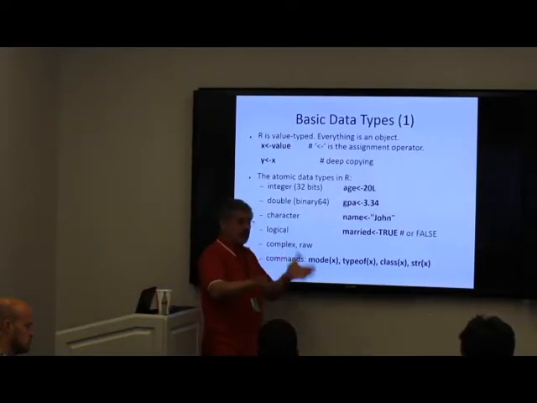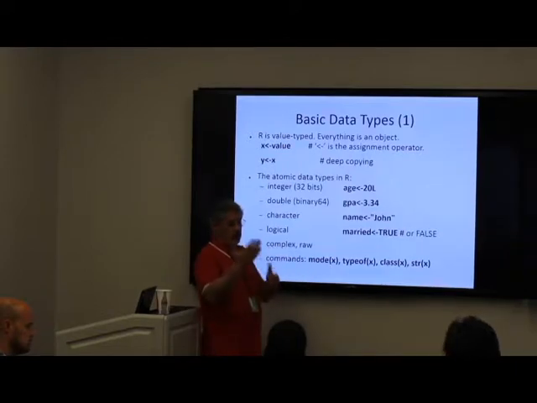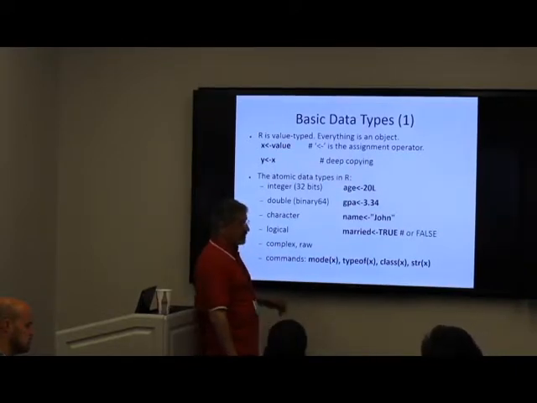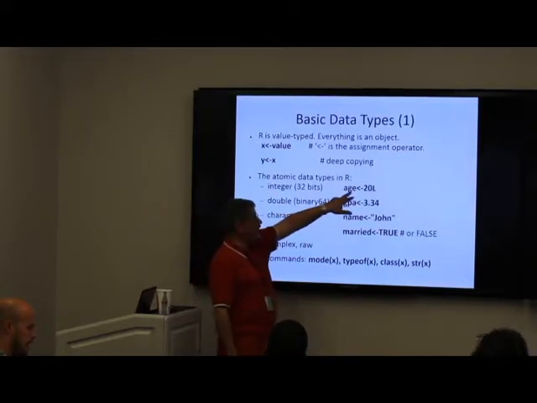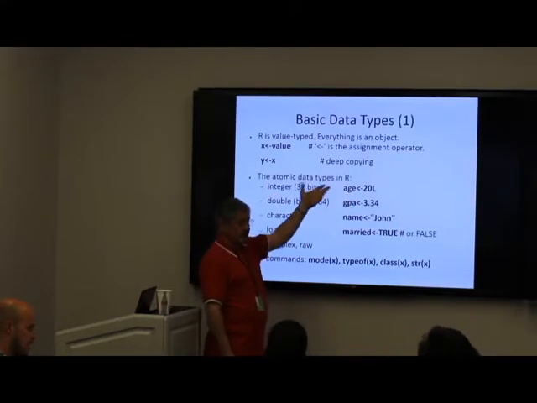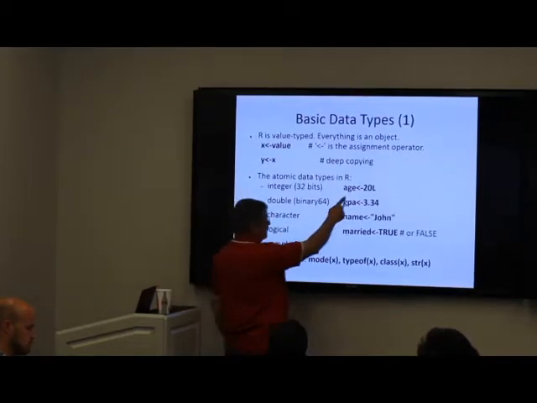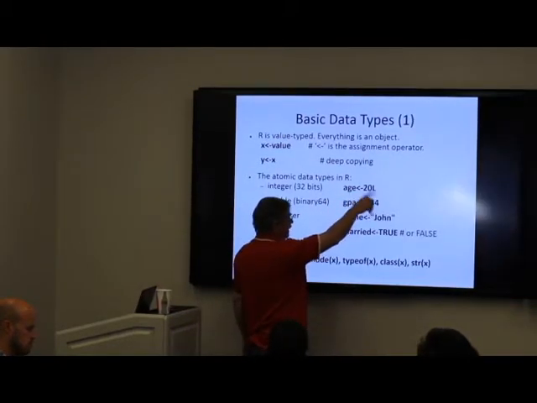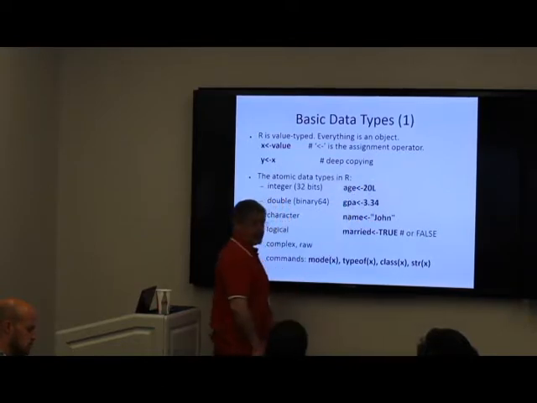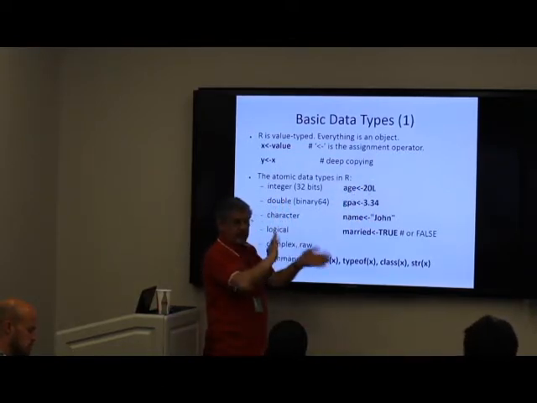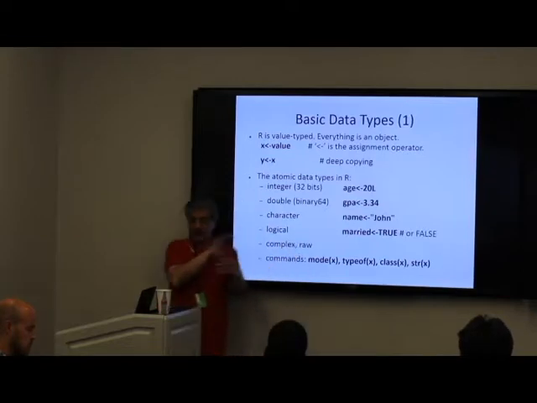In arguments, equal is what you need, data equal mtcars, for example. But in a normal assignment of value, always use less than and a hyphen. You can also reverse that, so you can do 20L minus greater than age. It doesn't care which, you can flip sides.